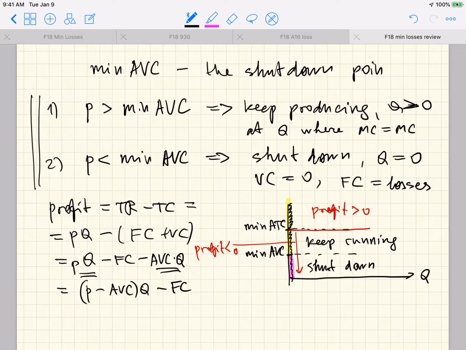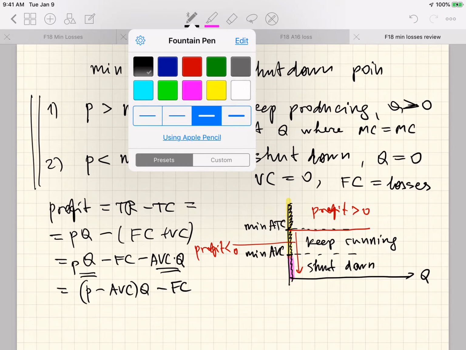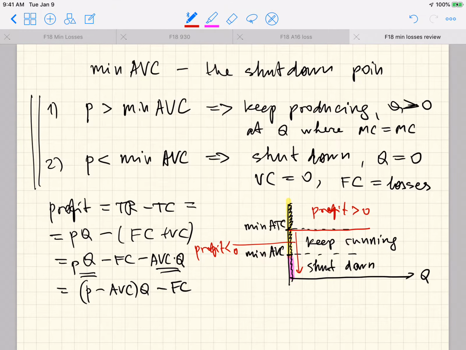And the point is that if price exceeds minimum AVC, then this part is positive, right? So by producing something or keeping Q above 0, we're going to reduce these losses.